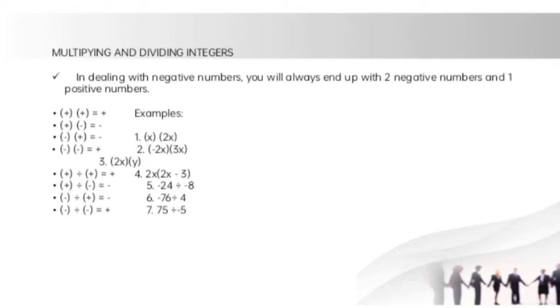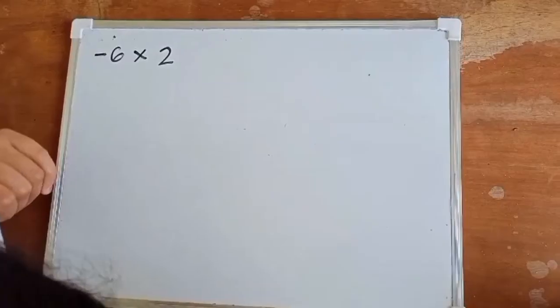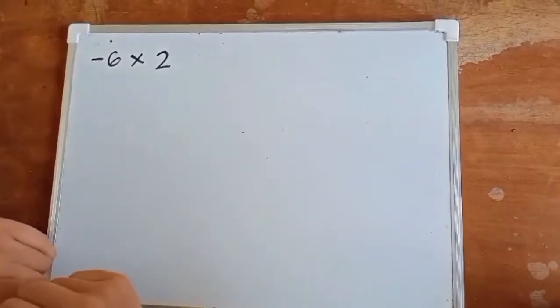Now if you have positive times negative or negative times positive, you will always end up with a negative answer. Now the fourth one, negative times negative, you will end up with positive. So let's take these examples.